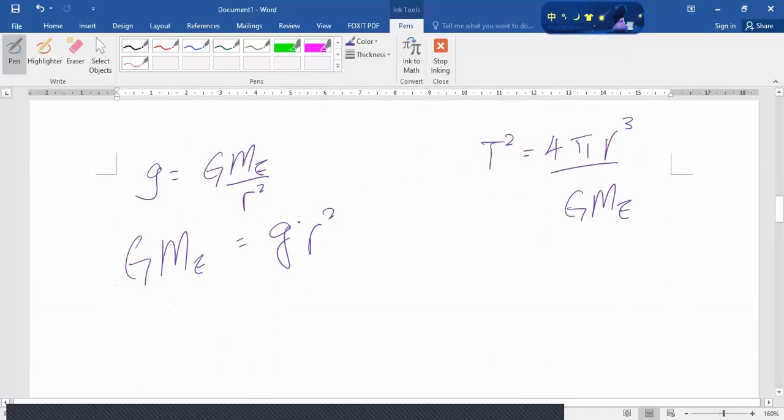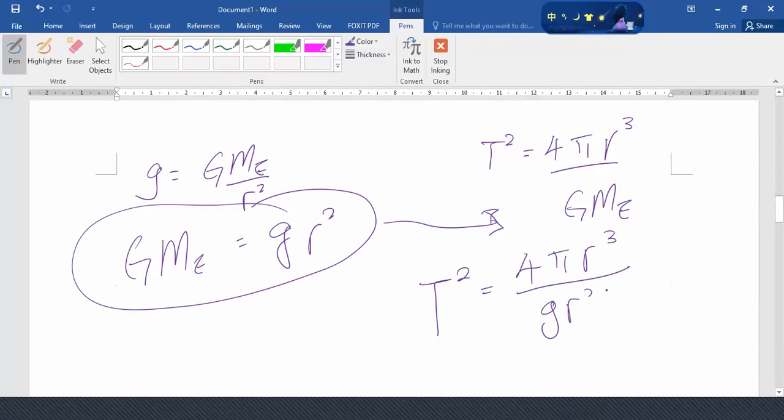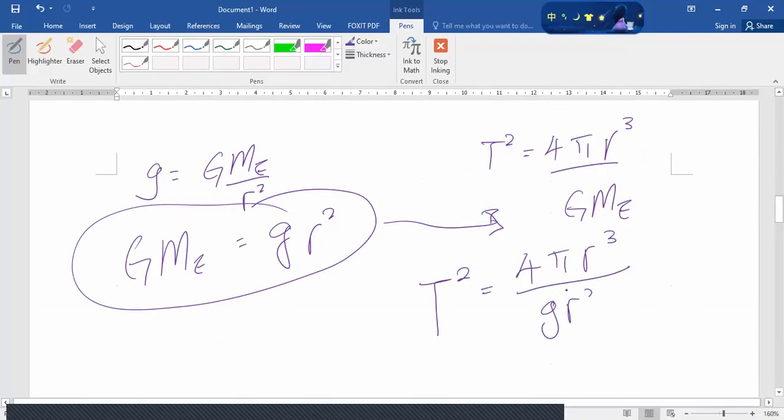So if G ME equals g R squared, we substitute into the formula. We get T squared equal to 4 pi squared R cubed over g R squared. Okay, this method is much easier.